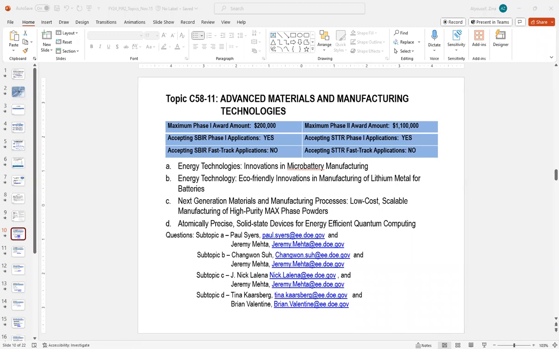So we would like to seek projects focused on novel, sustainable, and scalable manufacturing to accelerate lithium metal production. That's why we put several key target metrics, such as the reduction in manufacturing cost, reduction or elimination of toxic gas during the process, increase in energy efficiency of lithium metal producing electrolysis, and increase in sustainability or circularity.